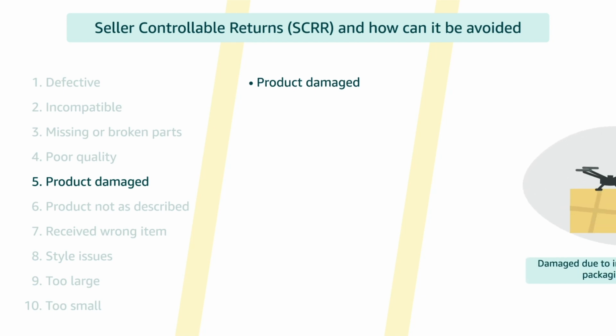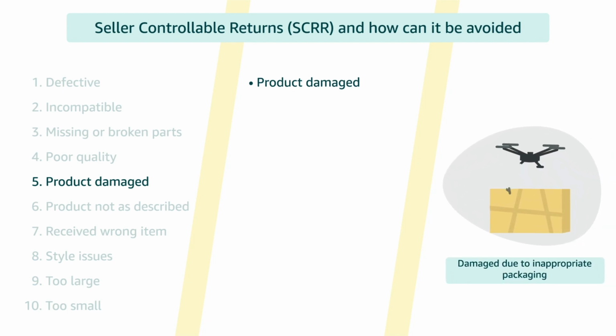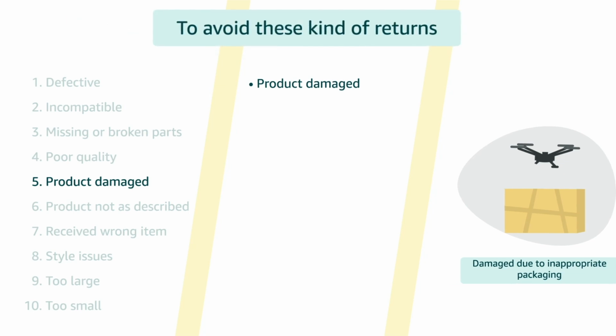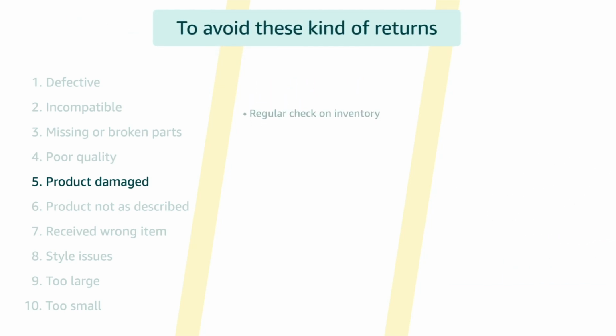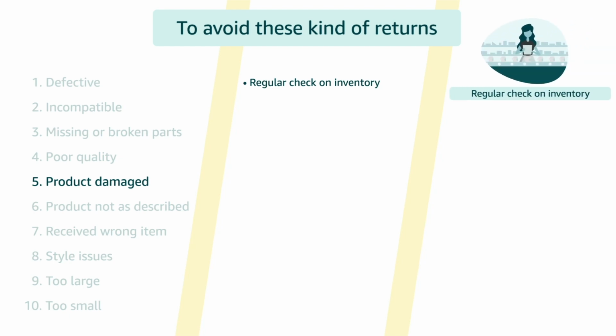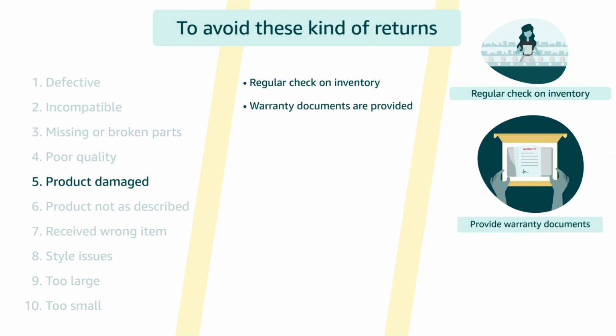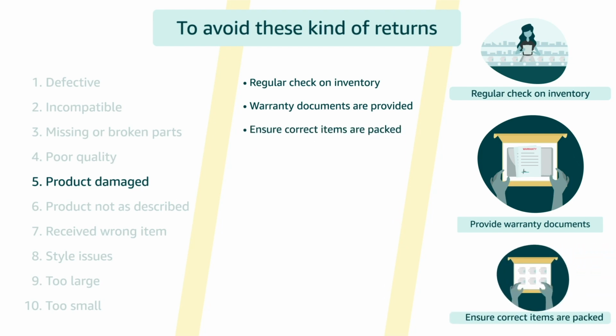Products are also returned if they are received in damaged state because of inappropriate packaging. To avoid returns due to damages in the product, do a regular check on inventory to ensure all the items are in a proper condition. Confirm that the warranty documents are provided within the package. Ensure the correct items are being packed to ensure reduction in returns due to incorrect items.